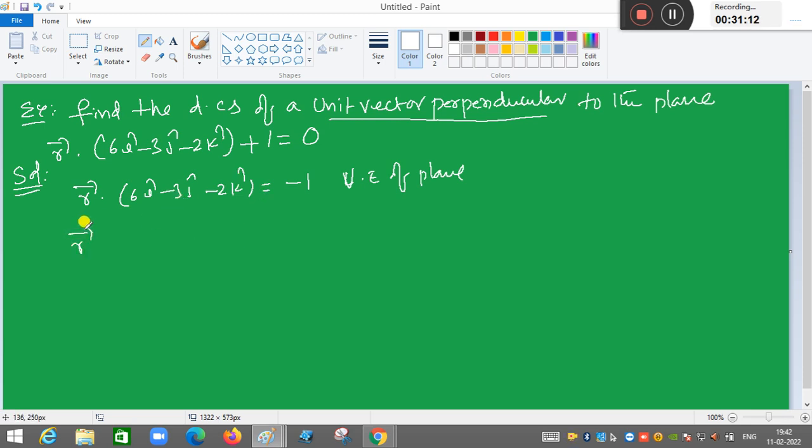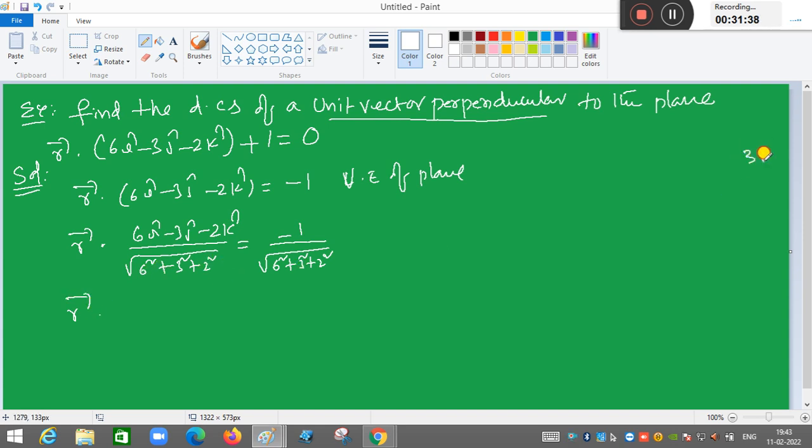So r bar dot (6i minus 3j minus 2k) divided by the magnitude, root of 6 square plus 3 square plus 2 square. We must do the same on the other side too. How much is it? 36 plus 9 plus 4 is 49, so root is 7. So r bar dot (6i minus 3j minus 2k) by 7 equal to minus 1 by 7.